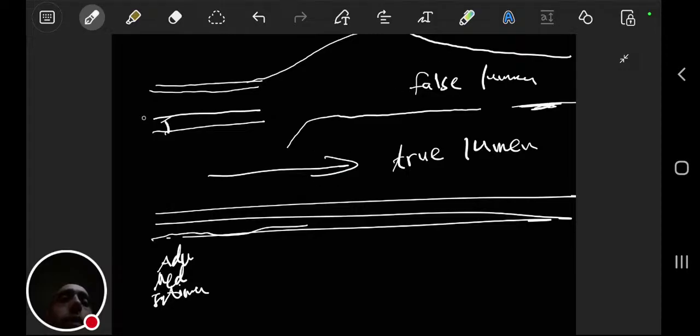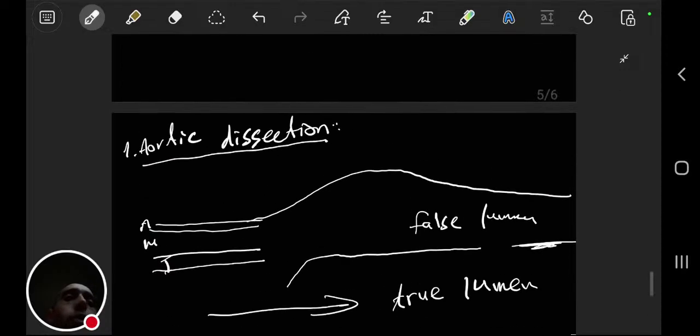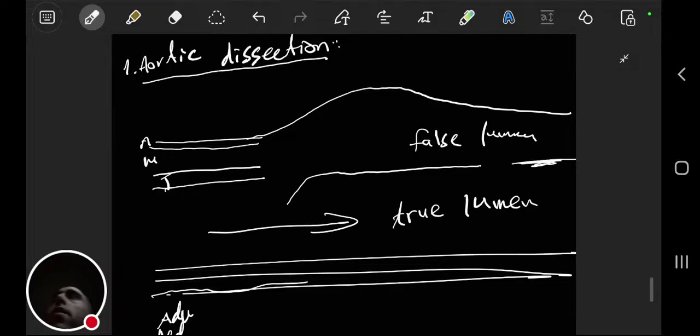Here is the intima, here is the media, here is the adventitia. And in aortic dissection, something, such as trauma or surgery, caused this intima to tear. For example, hypertension, which is the most common.